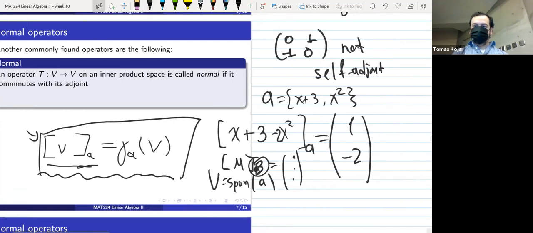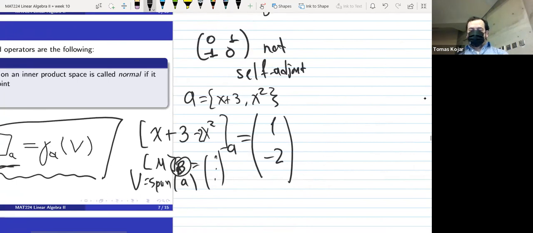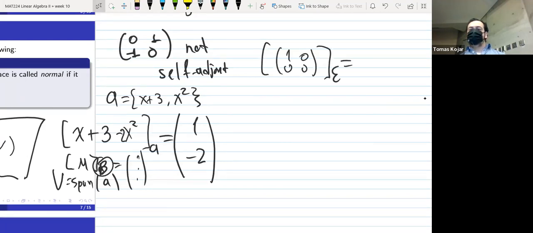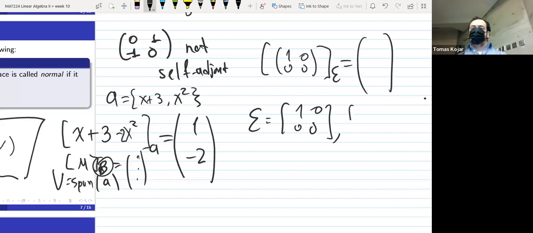So let's take the matrix 1, 0, 0, 0 and take the standard basis. What is that? So take epsilon to be the standard basis and put another one here.